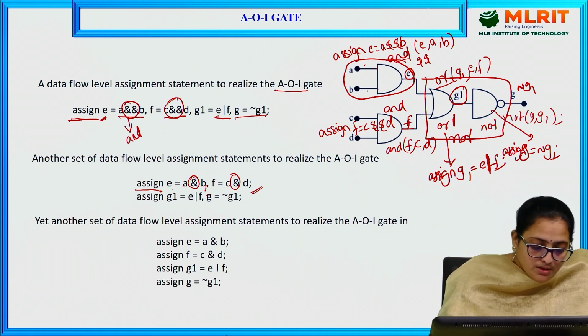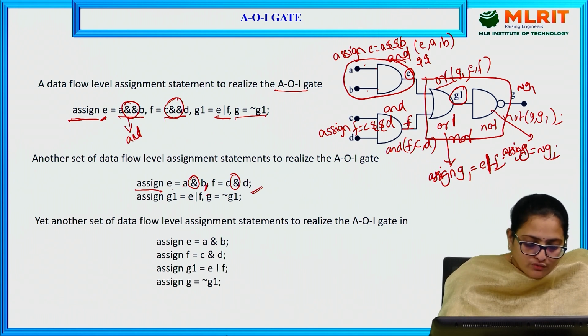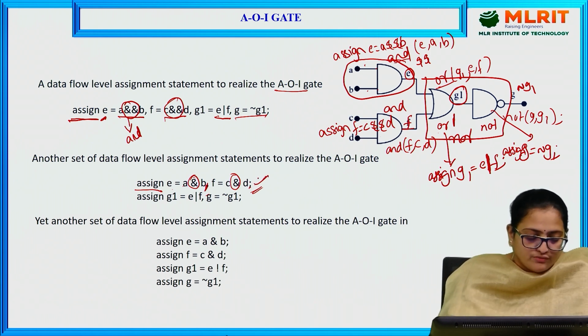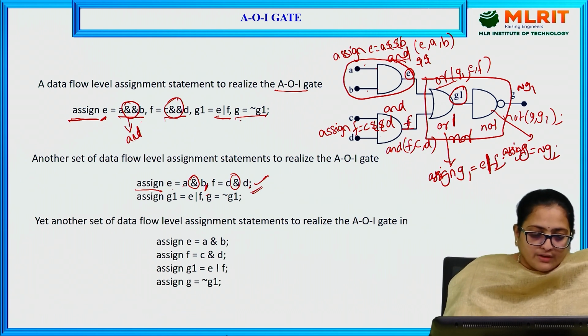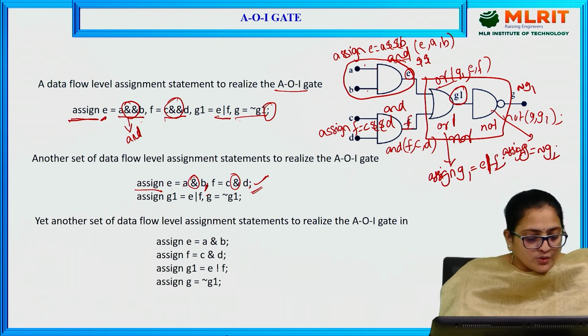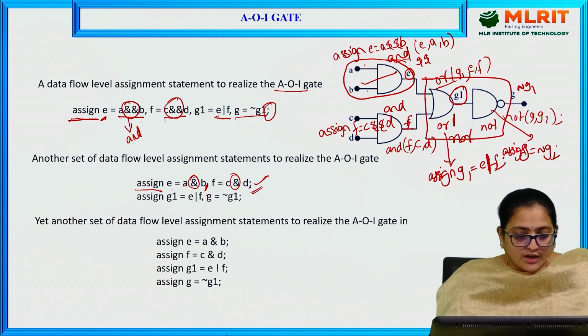See, this comma represents the continuation of the statement, whereas this semicolon represents the termination of the statement. If you observe, this is a single statement which has been terminated at this particular point, and the remaining commas represent the continuation of the statement. Here also, assign E is equals to A ampersand B for this AND gate and F is equals to C ampersand D for this AND gate.